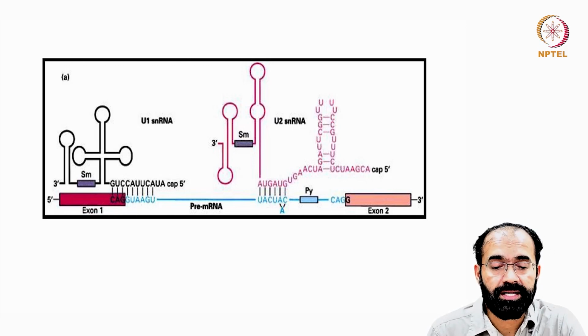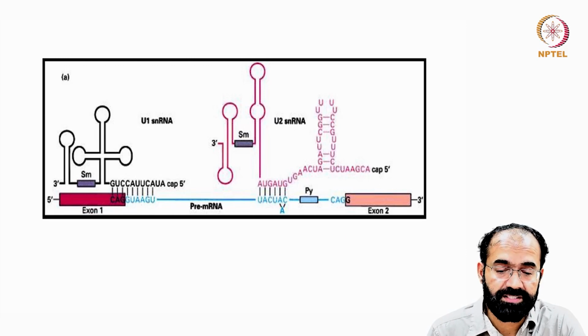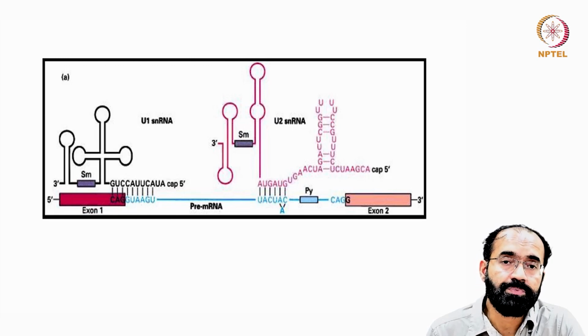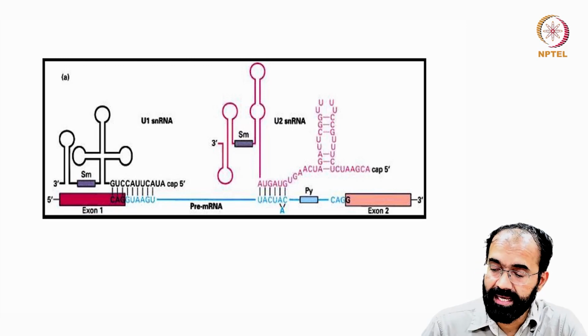Then, downstream, you have a few features. What are they? You have an intron exon boundary, and just upstream of that you have a polypyrimidine tract. Much further upstream of this polypyrimidine tract, you have a branch point, A site.